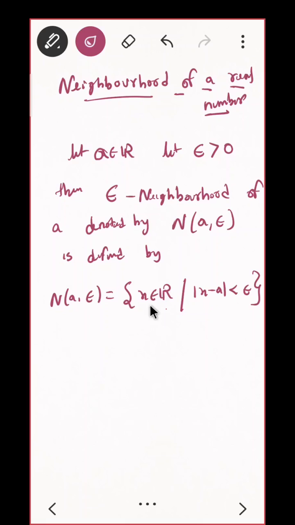You need to give me all real numbers, all x which satisfy this inequality, correct? Now if I ask you to find N of 1 comma 2, can you give me what is that? What do you mean by N of 1 comma 2? That means your a is 1 and epsilon is 2. You just have to solve this thing.